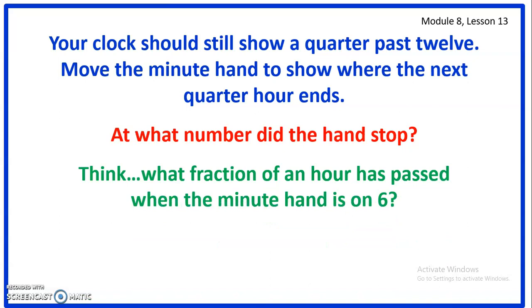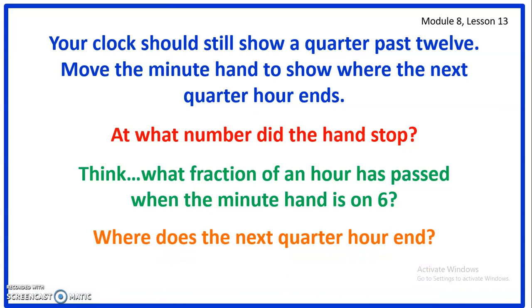Now let's think about something. What fraction of an hour has passed when the minute hand is on 6? That's 12:30. That's 30 minutes of an hour. That's half, right? Half an hour. Now where will the next quarter end? Move it another 3, right?